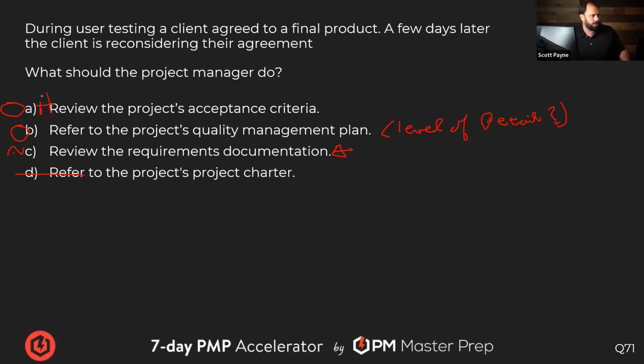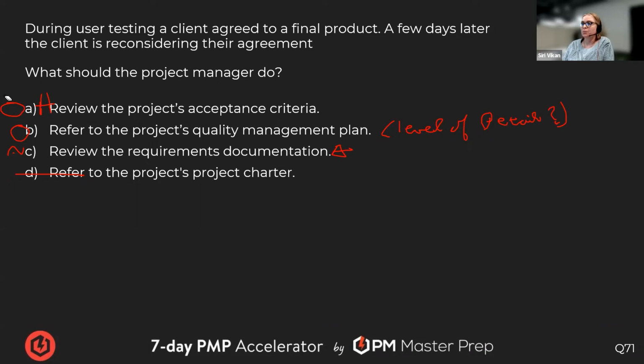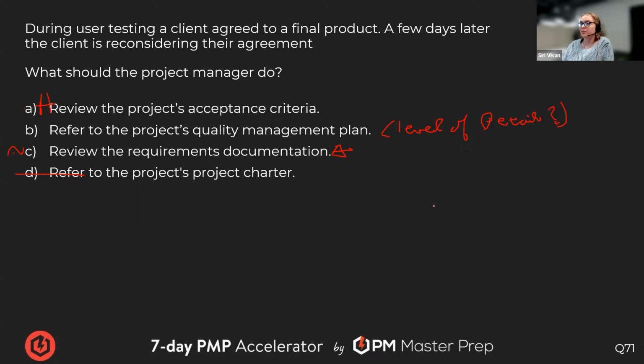Siri, what do you think? What jumped out at you? What's the learning point you had from this question, ma'am? I agree with A. I think that B, with the quality management plan, would be part of the process, but not part of the final delivery. The requirements documentation, I think we're already past that as well.